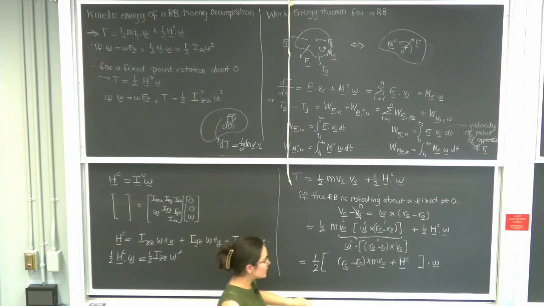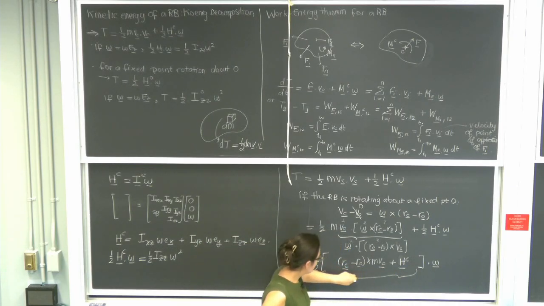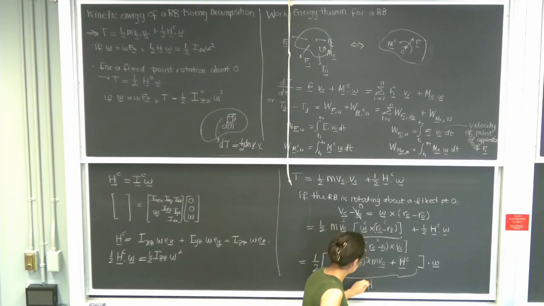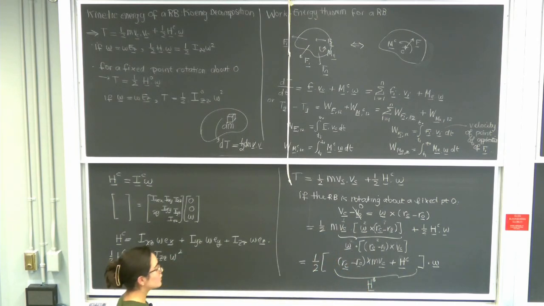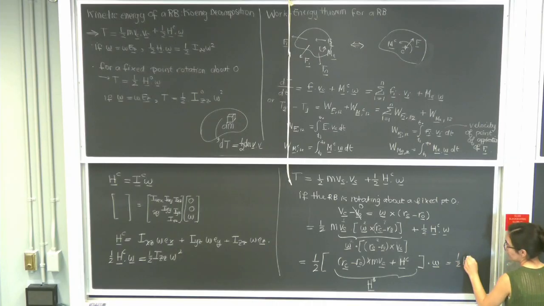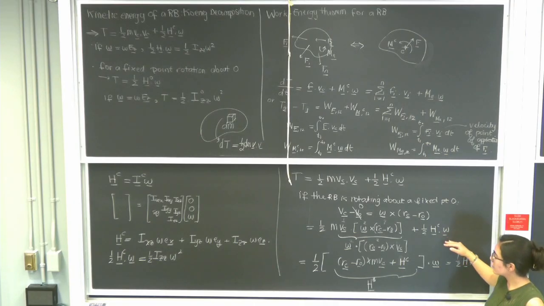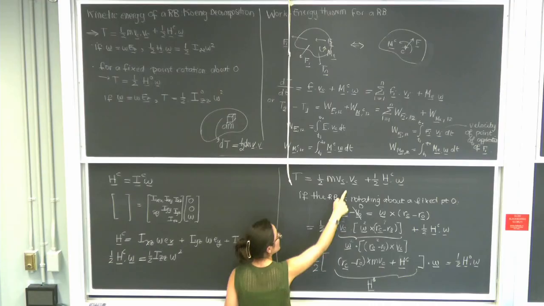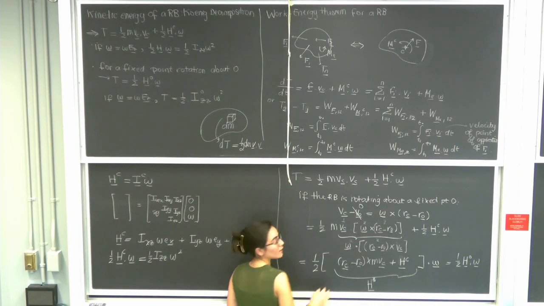Can anyone guess what this is? It is H_O. So we proved that that's half H_O dot omega. Yes? Could you repeat how we came from that? Yes, good question. I just replaced V_C here by omega cross R_C minus R_O.